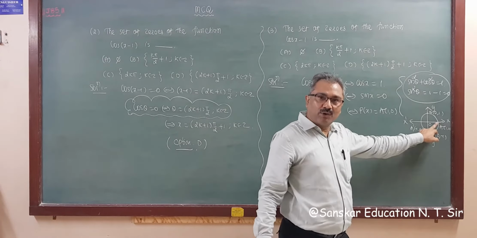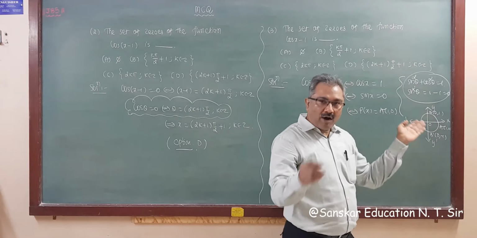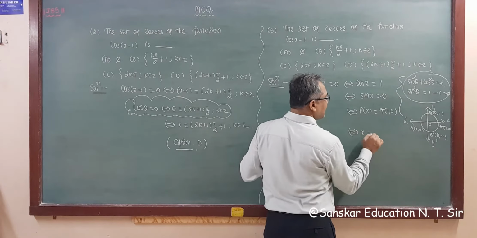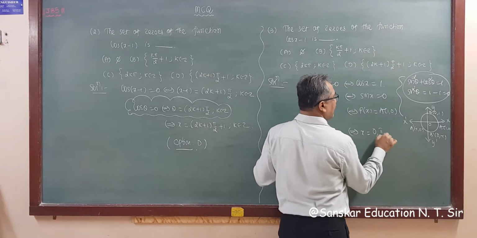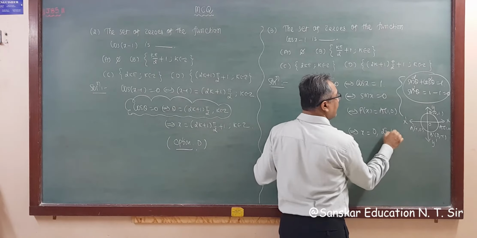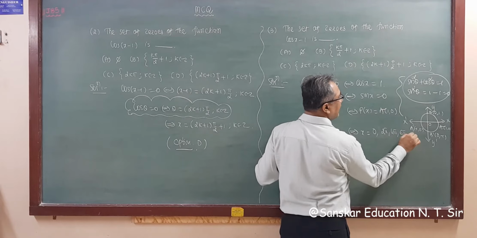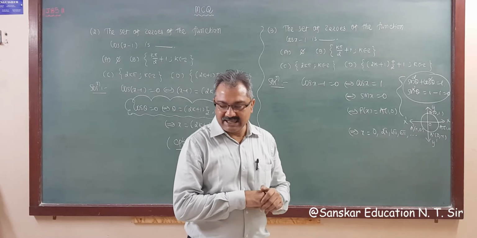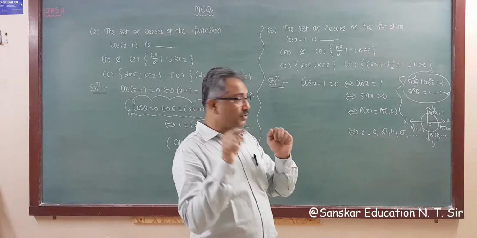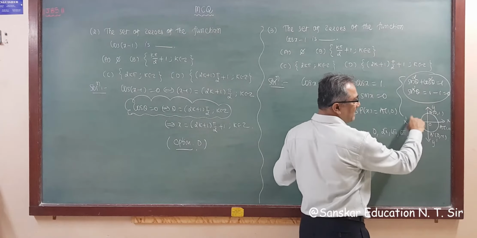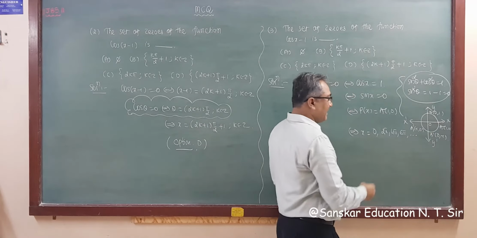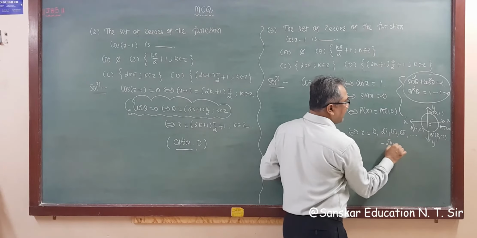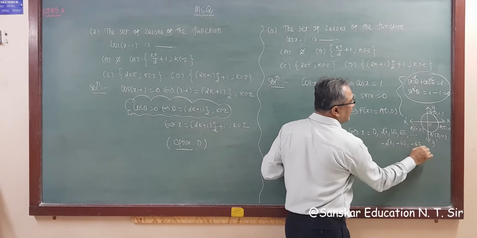If we start from here at 0, then 2π, 4π, all even multiples of π. So x is equal to 0, 2π, 4π, 6π, and so on. Also if we go in this direction, that is anti-clockwise. Now if we go in the clockwise direction, then 0, minus 2π, minus 4π, minus 6π, and so on.